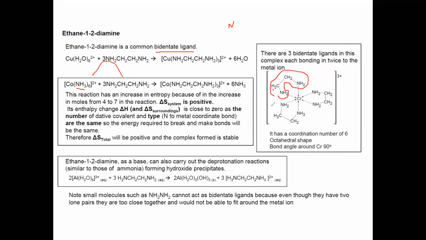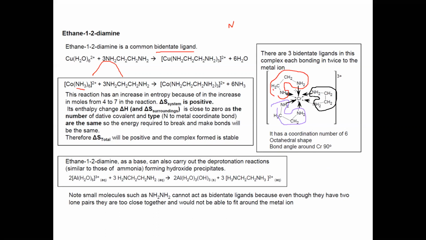The term coordination number means number of dative bonds. This is the second molecule, and this one is a third molecule. But what happened? Each molecule can form 2 dative bonds. This is 1, 2, 3, 4, 5, 6.